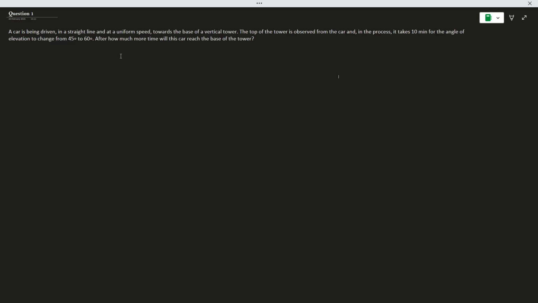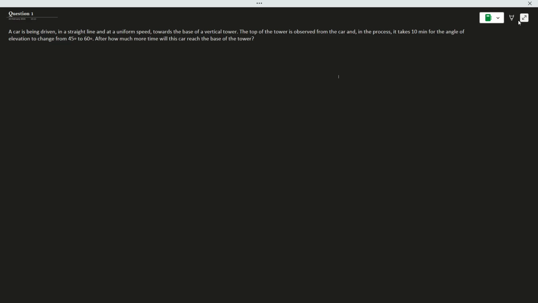So initially the angle of elevation was 45 degree, and after 10 minutes it changed to 60 degree because the car was traveling towards the base. What is being asked: after how much more time will this car reach the base of the tower? So the time needed to reach the base of the tower.